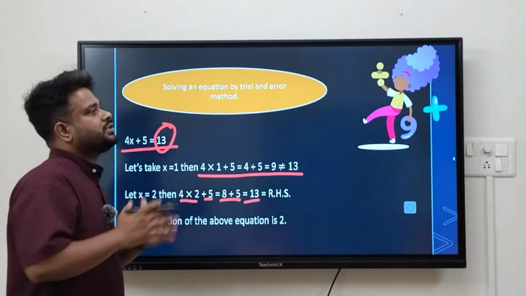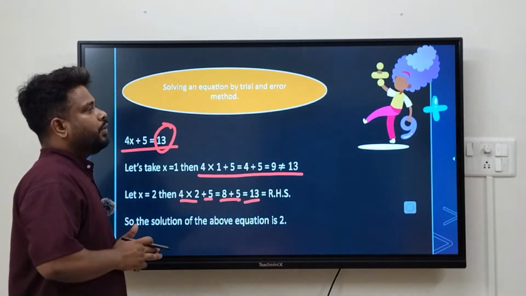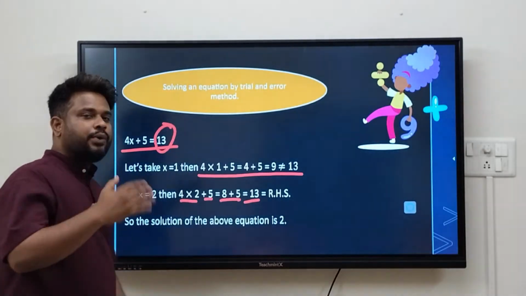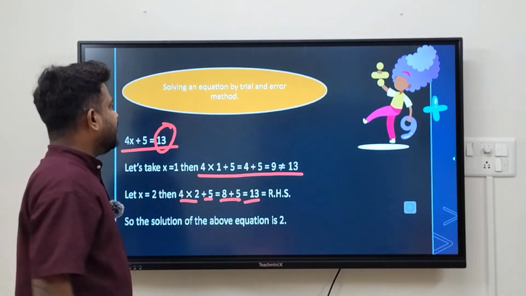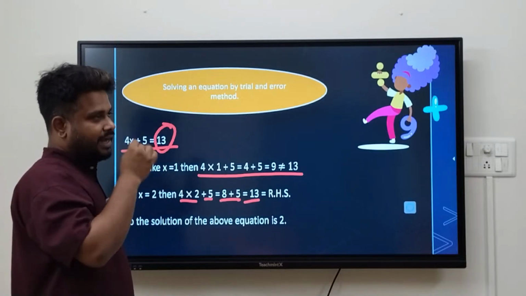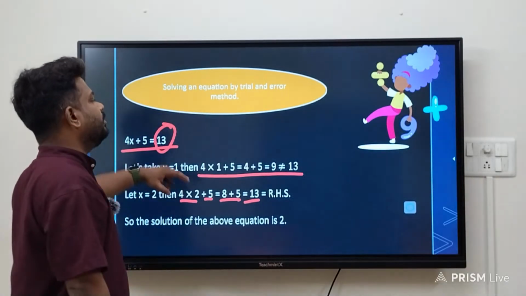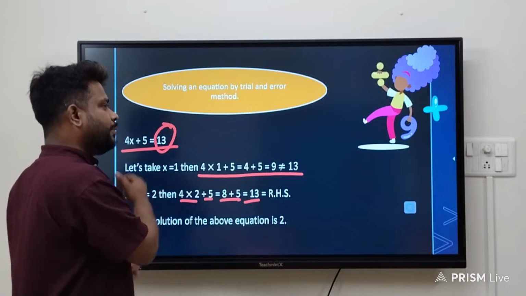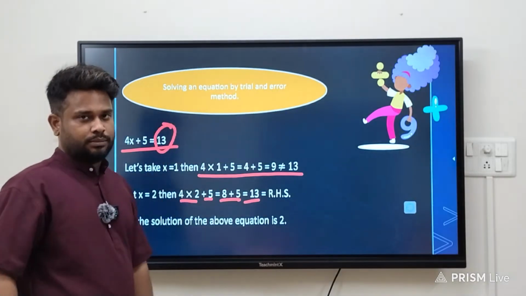So this method is called the trial and error method, where you have to try with different numbers, and if you don't get the right answer, it will be called an error, and you have to try with so many numbers.